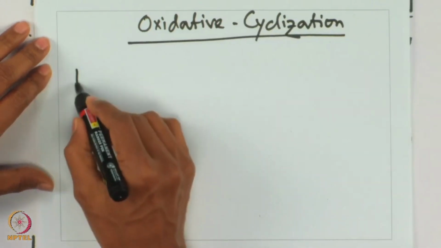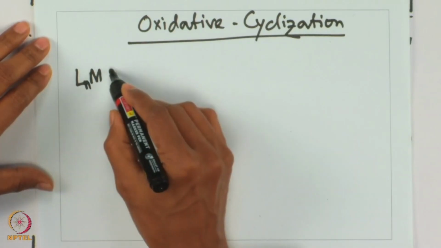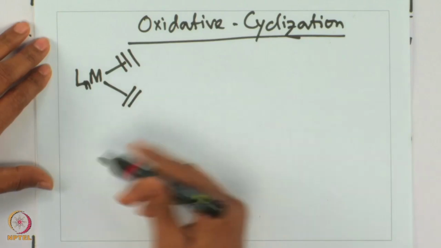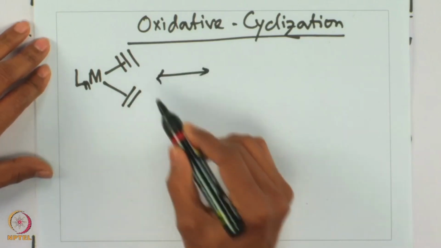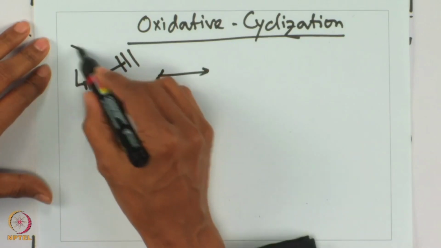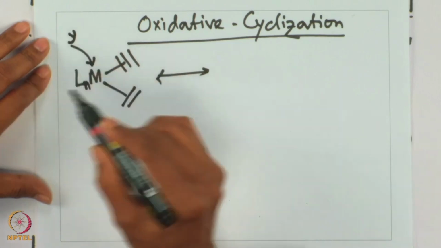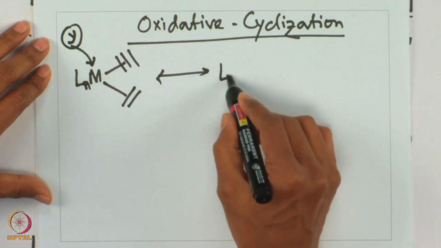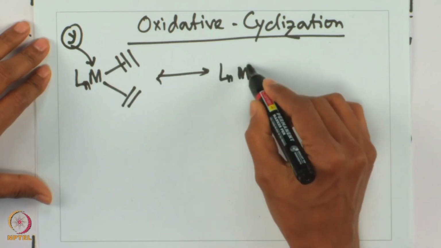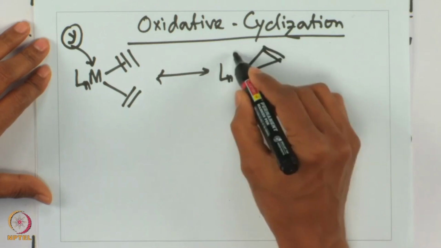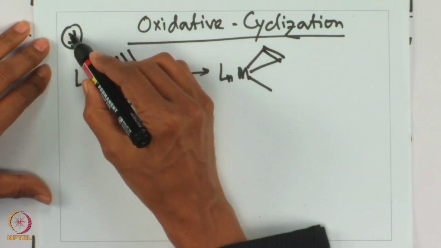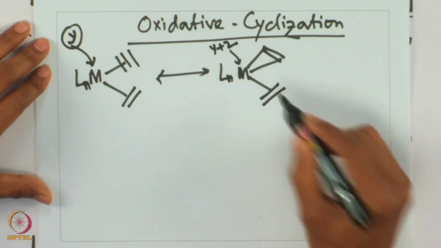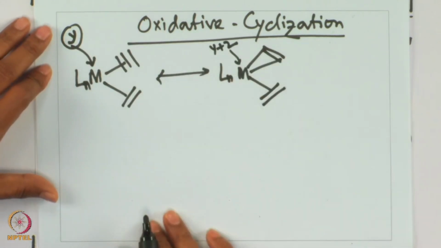Now, this is a process where a ligand metal will interact with an alkyne and another alkyne or another olefin. Overall, if the ligand metal oxidation state is Y, for example, then in the product the metal oxidation state changes to Y+2, and along with it we can have the olefin binding.